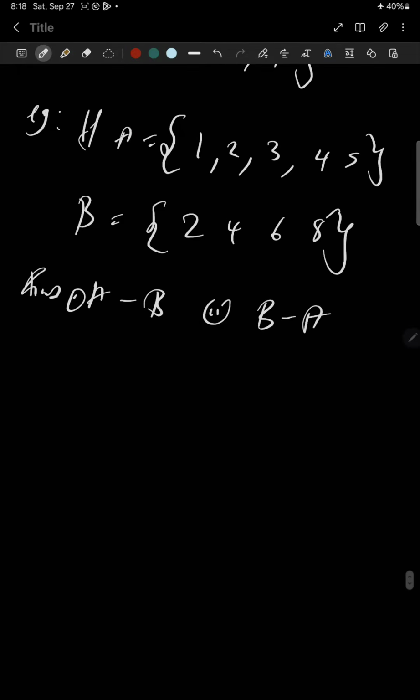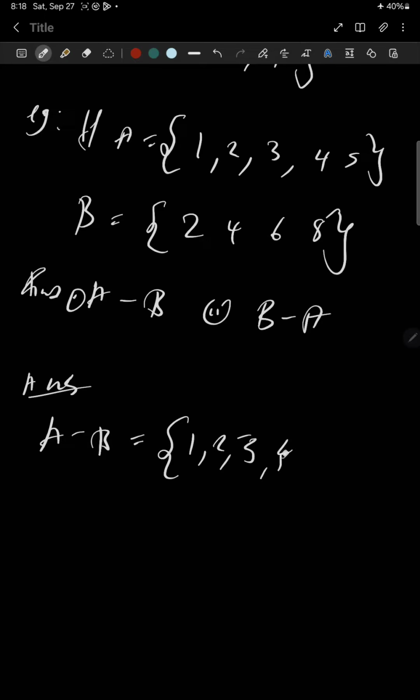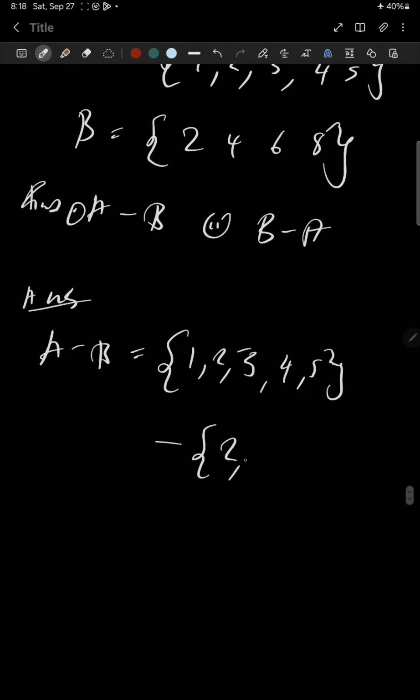For A minus B, we're first going to write set A, {1, 2, 3, 4, 5}, minus set B, which is {2, 4, 6, 8}.